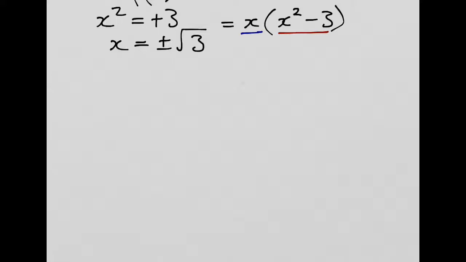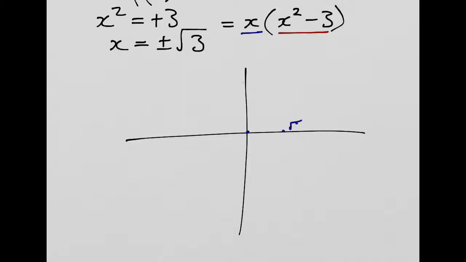So looking at this, let's get our line down. Now we know that it's going to cross when x is 0 and y is 0. We know that it's going to cross at plus square root of 3, and it's going to cross at minus square root of 3.